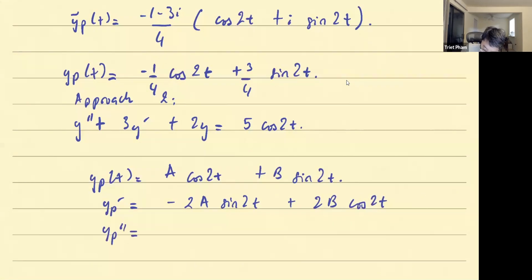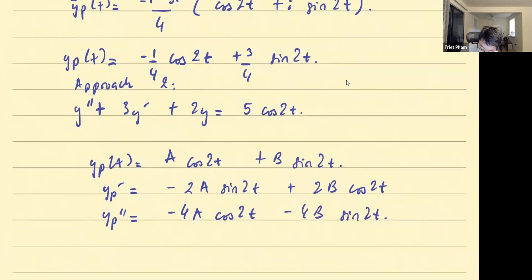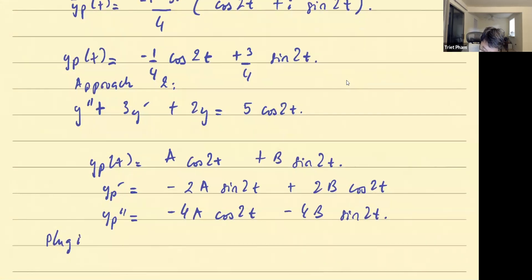Yp double prime is minus 4a cosine of 2t minus 4b sine 2t. All right. If you plug in, then you have something cosine and something sine, right? And that's supposed to be 5.